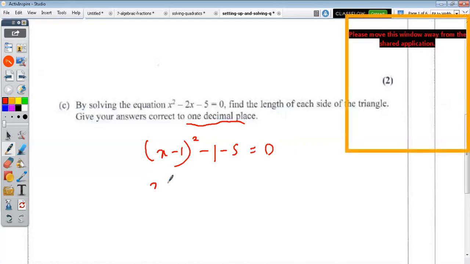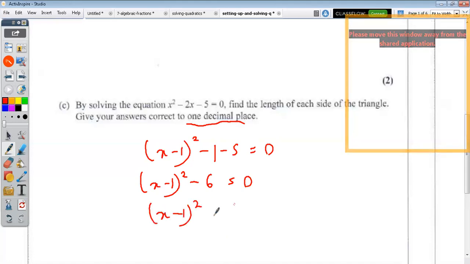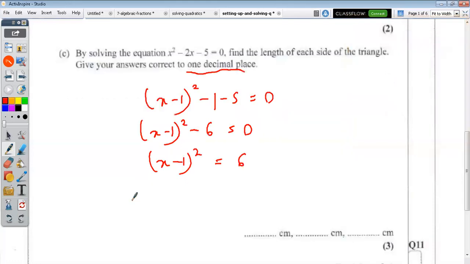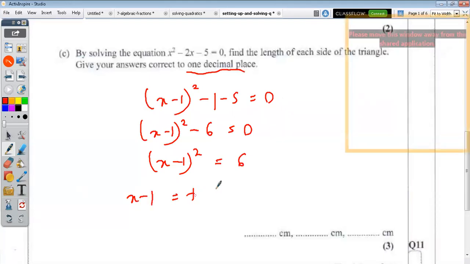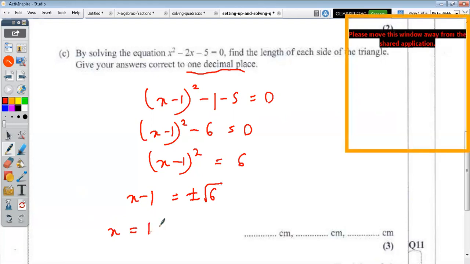Then this is x minus 1 squared, minus 6 is equal to 0. Hope you're following me. Then we move x minus 1 squared, move the 6 to the other side, it's now a 6 like this. Then take square roots of both sides. So if I take square root, I'm left with x minus 1 is equal to plus or minus square root of 6 like this. Then move 1 to the other side. It now becomes 1 plus or minus root of 6.